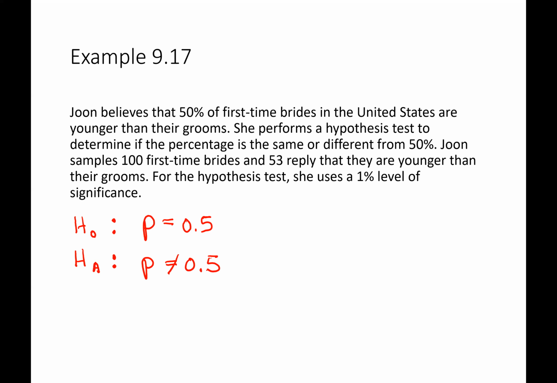Because of the alternative hypothesis being not equal to, this will be a two-tailed test. So if it's less than, it's left. If it's greater than, it's right. If it's not equal to, it is two-tailed. So I could go through and show you.